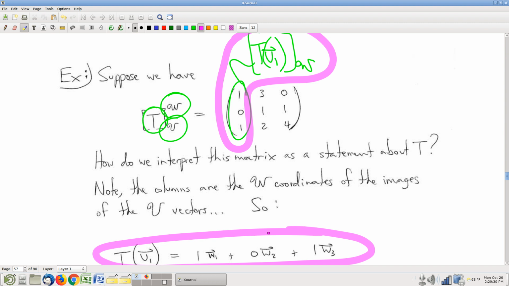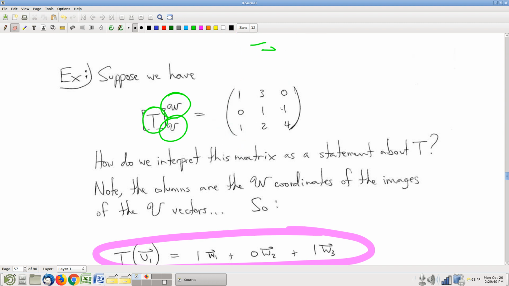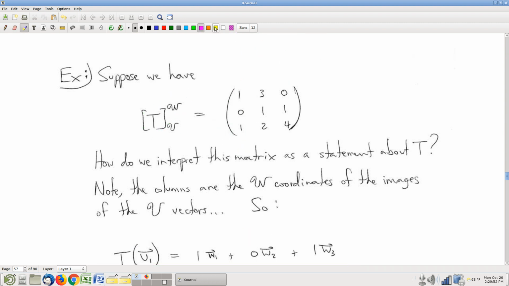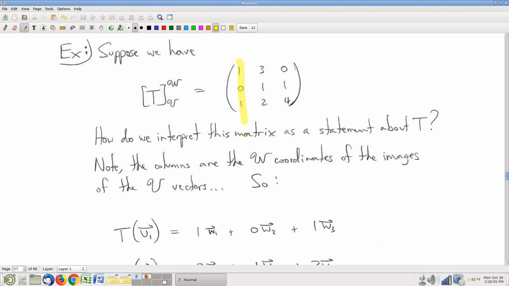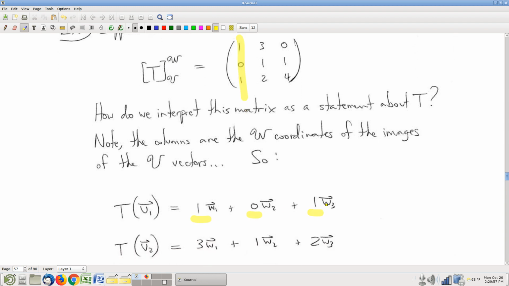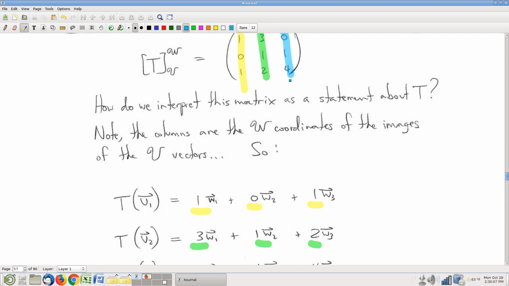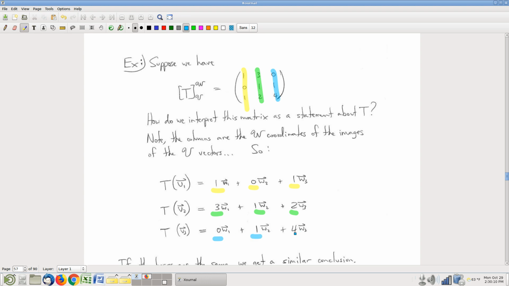And this tells you something about T: T does this to the vector v1. And then likewise for the other columns, in the same way that that column tells you these coefficients, likewise that column tells you about the image of v2, and that column tells you about the image of v3, all, of course, in W coordinates. Okay.